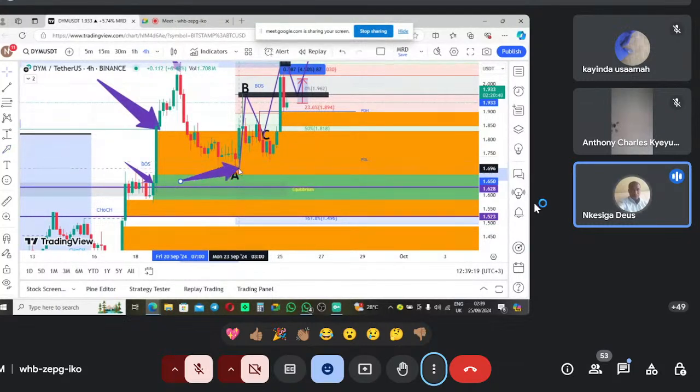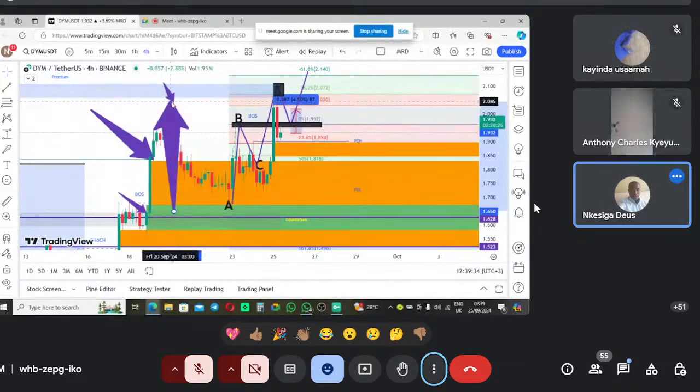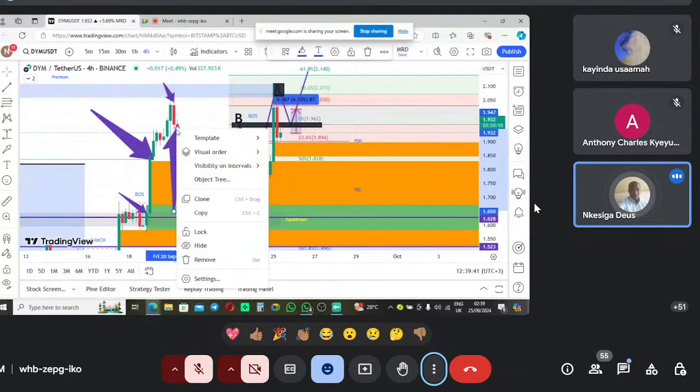And again, you can use this chart as well. You can see the equilibrium is here. Within the fair value gap, there is a high chance of this market going back to the previous high.